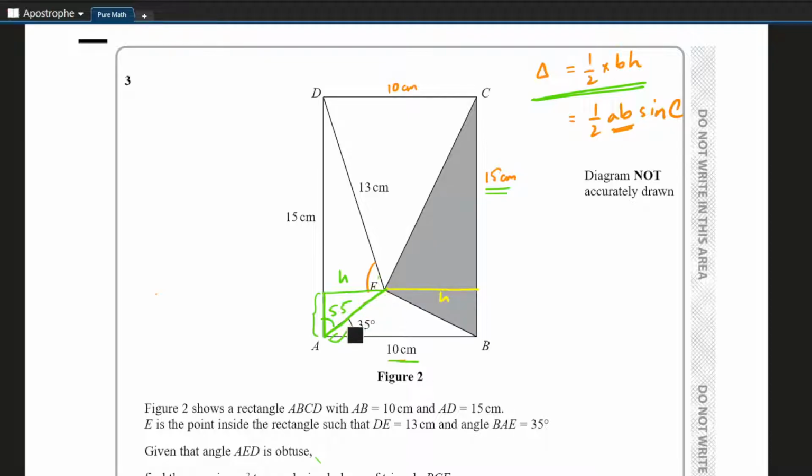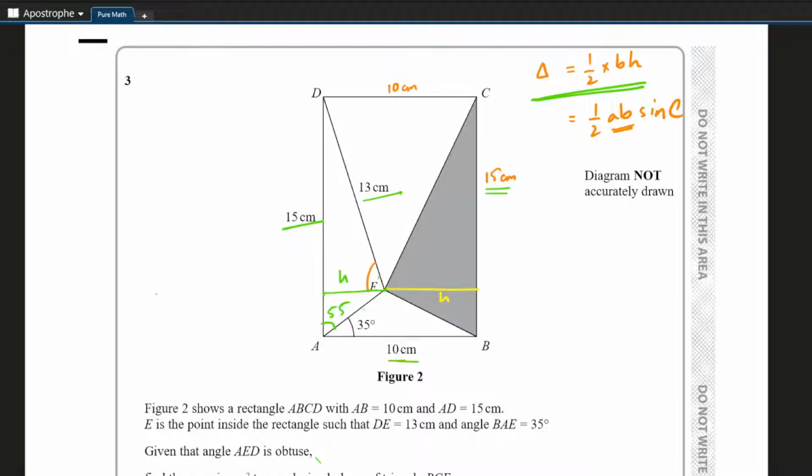We are going to go with this side. In order to find this side, we could use the cosine rule, where we have this side, and this side, and we have one angle. So we will have an equation with only one variable, which is this side, AE.